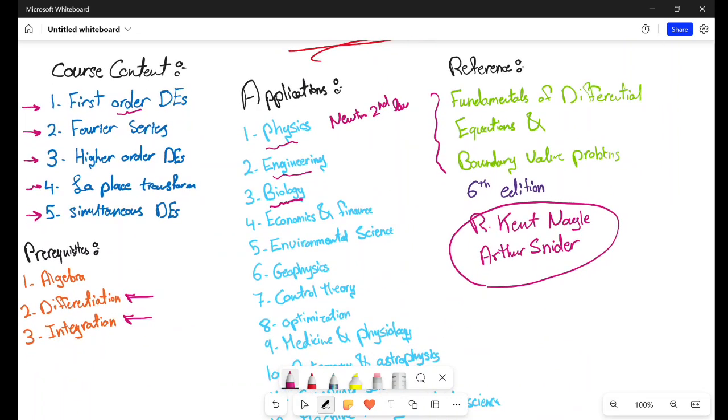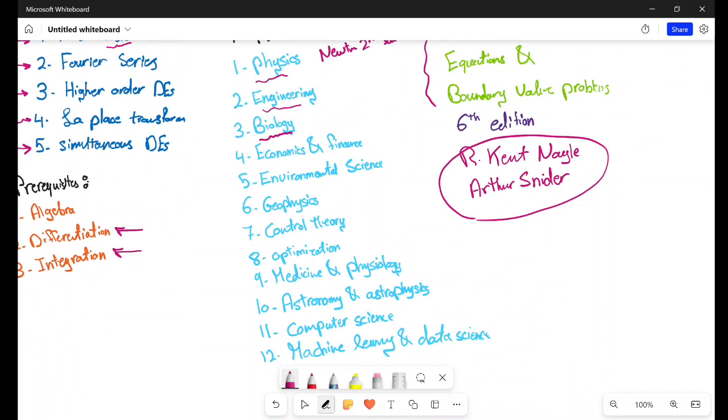It is also used in economics and finance. We could use it to model economic systems, including supply and demand, and to evaluate investment strategies and financial options. And we could say it is also used in environmental science. It can be used in predicting and managing pollution levels in air, water, and soil, and also analyzing climate change and its effects on ecosystems.